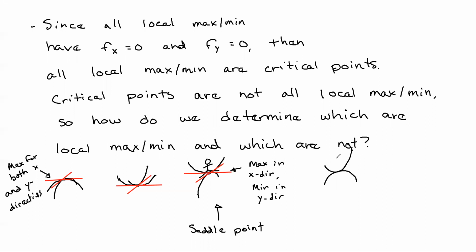And so our guy this time is sitting this way, looking toward us or away from us. So in this case you have a max in the y direction, and you have a min in the x direction.